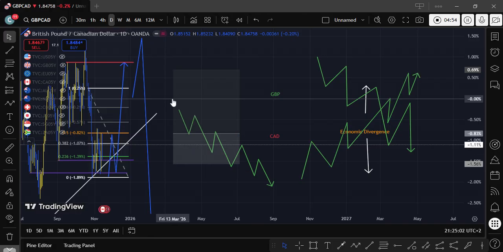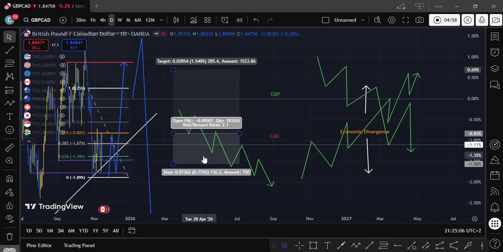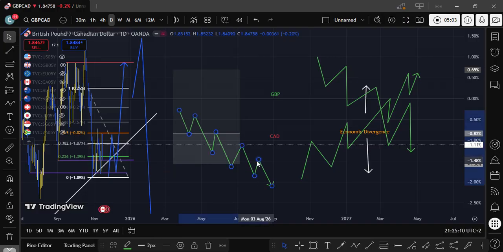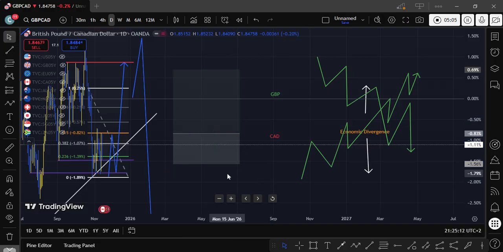So your stop loss gets hit, the market moves all the way down, and this being your stop loss, it gets hit. So for this trade to fail, the complete opposite has to happen, and the CAD has to gain and the pound has to collapse.